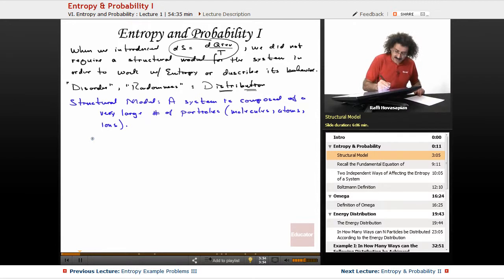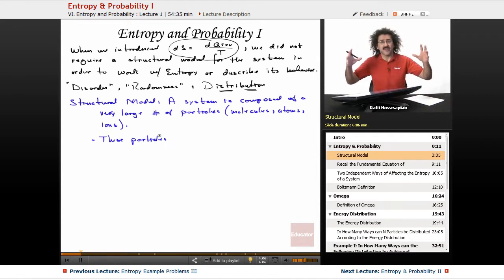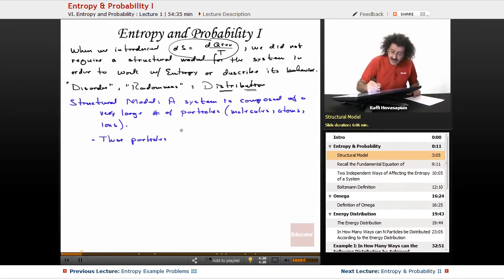Okay, now let's say some things about these particles. These particles have various energies. The best way to think about this is to think about just a gas, a collection of gas, like the kinetic theory. Basically, it's just a bunch of particles in a fixed space that are bouncing into each other and bouncing off the walls. That's a system. So these particles have various energies. In other words, not each particle is flying around at the same speed.